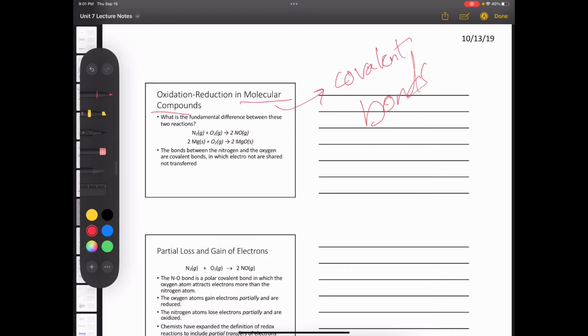So the fundamental difference between these two reactions, between the nitrogen and oxygen and the magnesium and oxygen: this one is a molecular compound or covalent bond, right? Because nitrogen as well as oxygen both are nonmetals, so it's going to form a covalent bond. While magnesium and oxygen, because it's a metal magnesium and a nonmetal oxygen, this is an ionic bond or compound.